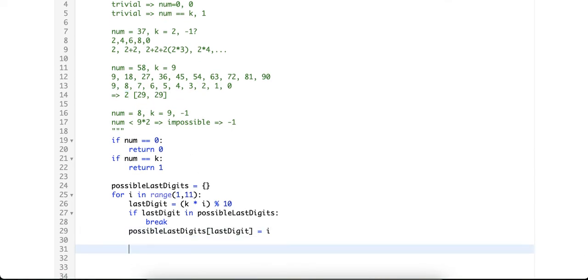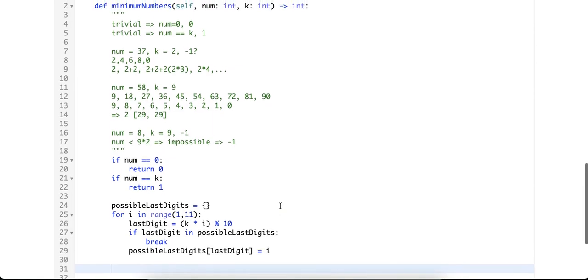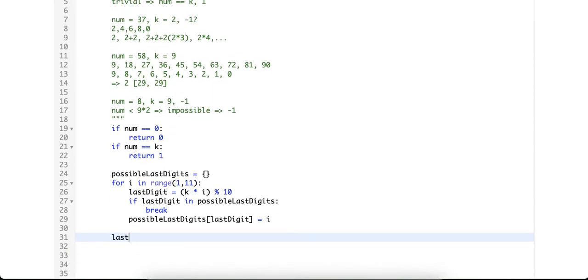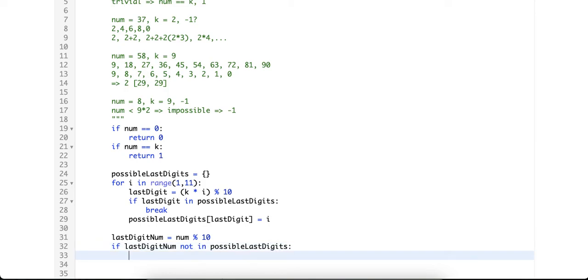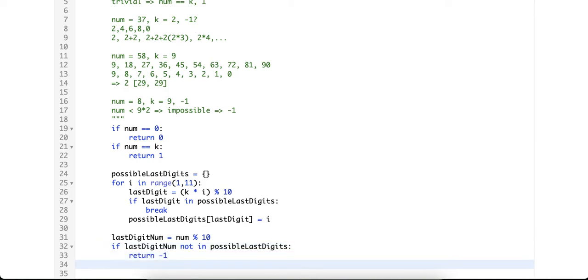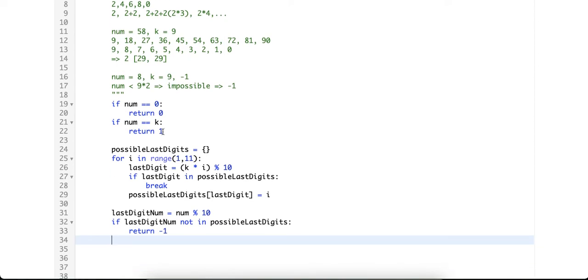And then after this is all said and done, we just need to check what is the last digit of num. Last digit of num is this. And then we need to check if last digit of num is not in possible last digits. This means this is impossible, right? Now if it is in the possible last digits, we need to check this one, right?